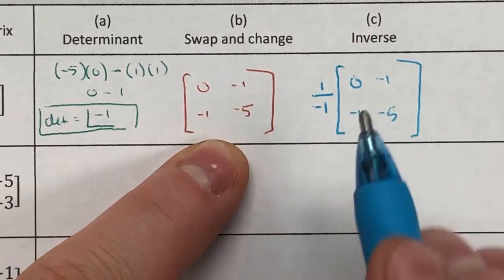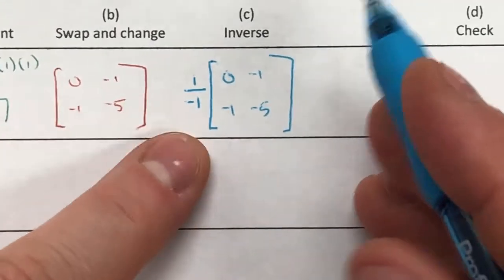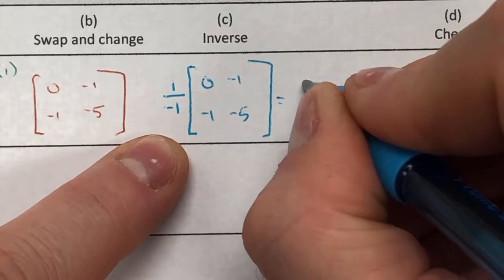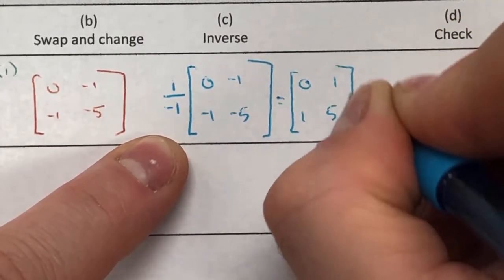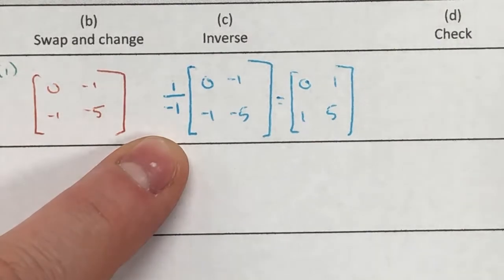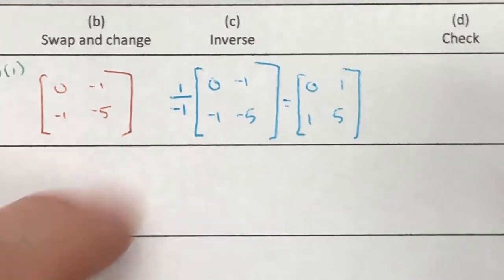And so now we could show this as the inverse, or I could force that negative 1 in there and say this is equivalent to 0, 1, 1, 5. Either way it works. We're not really concerned with which way you're doing it. If you want to say this is the inverse or this is the inverse, it's the same thing.